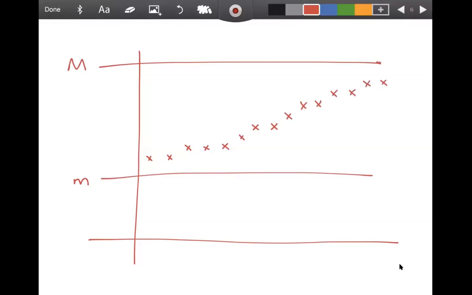Eventually you start to see that one of two things is going to happen. Either the sequence is going to stay the same forever and never reach that upper bound, and in that case the sequence converges. You may have noticed in the definition that there's a difference between an upper bound and a least upper bound.